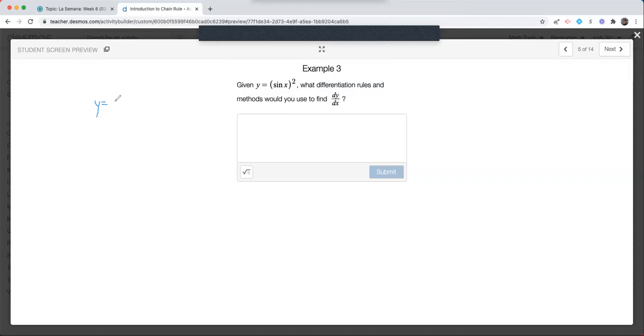So sine x, if I square it, is sine x times sine x. That's a structure I want us to make sure we can see: when we have sine x and we square it, it becomes sine x times sine x. And then we could certainly use the product rule.